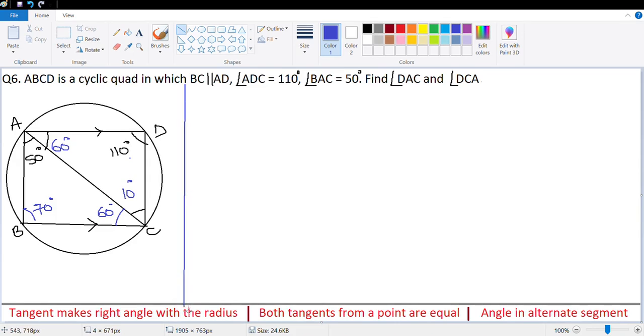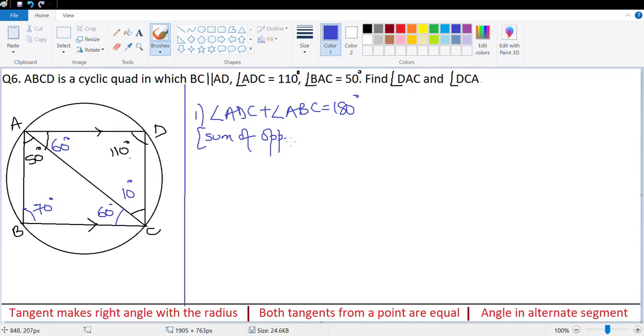We've already solved the question. So point 1, angle ADC plus angle ABC is equal to 180 degree. Sum of opposite angles of a cyclic quadrilateral.